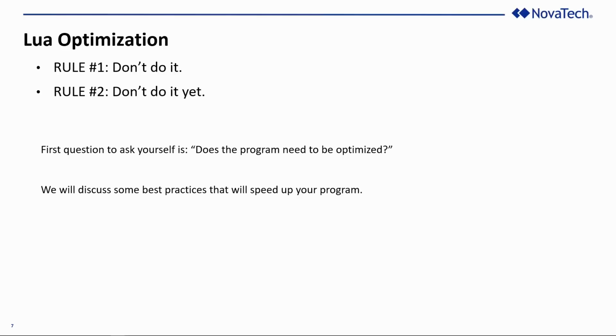But in this world, in the automation with Orion and using Lua, most of the time you do not need to worry about optimizing your code. And that tends to be because, one, we don't need things to run extremely, extremely fast, always.